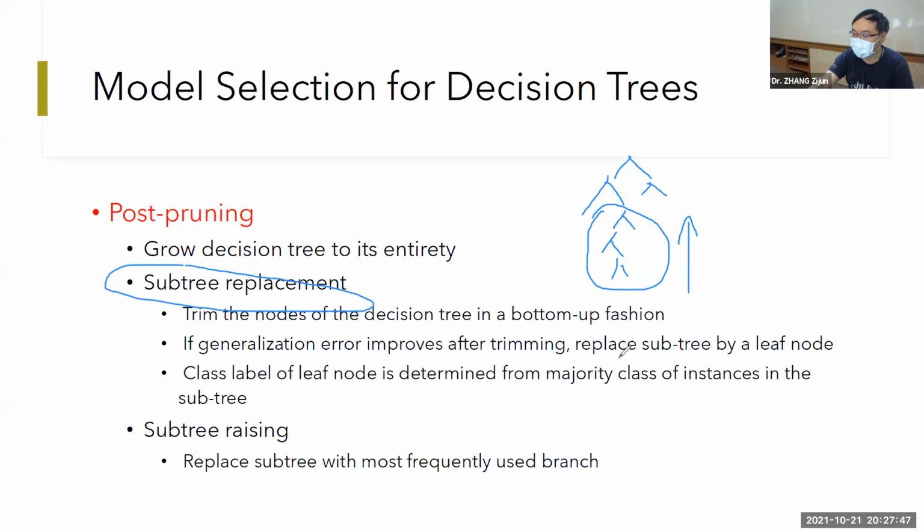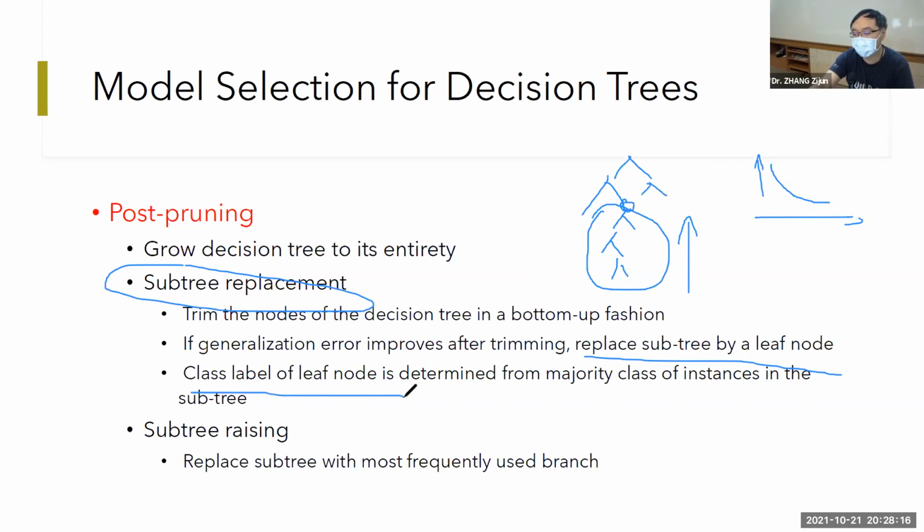And if the generalization error improves after trimming, then replace the subtree with a leaf node. So if you cut this part of the subtree and replace it with a node, then you find out the generalization error drops, that means improves. Then you just replace it. That means this part of the specific tree does not help the model performance.